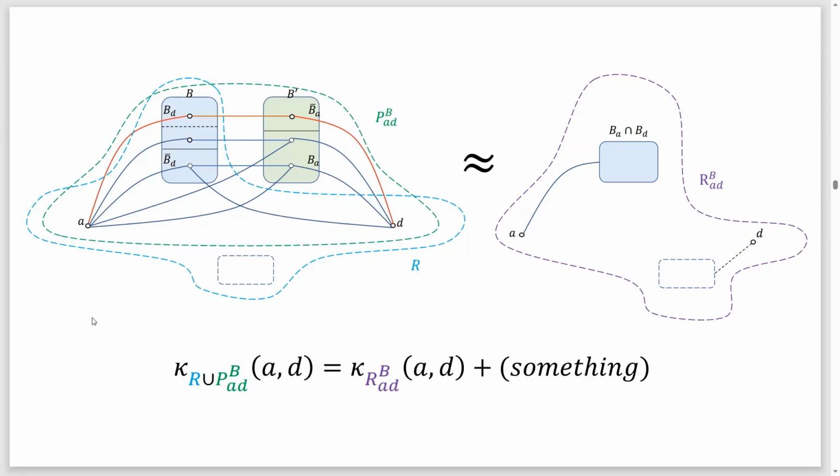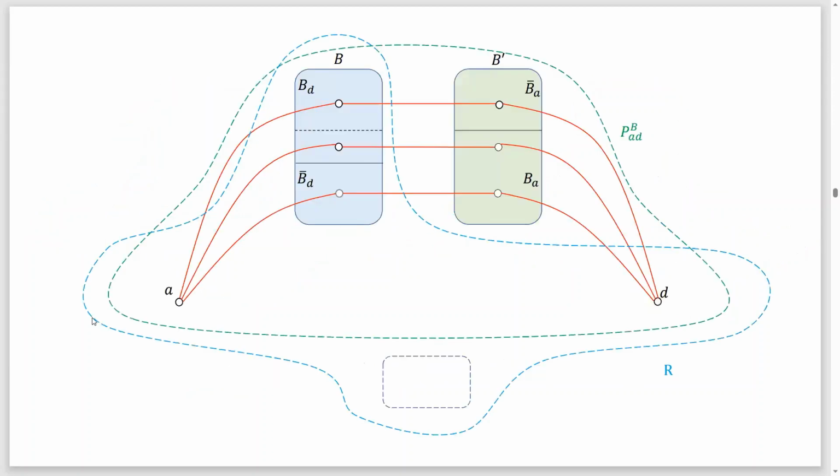So let R be any graph with a set B, and PBAD. In PBAD, we have a duplicated set B prime, and it is shown in the green part. So let's begin with the construction of the set intersection filter.